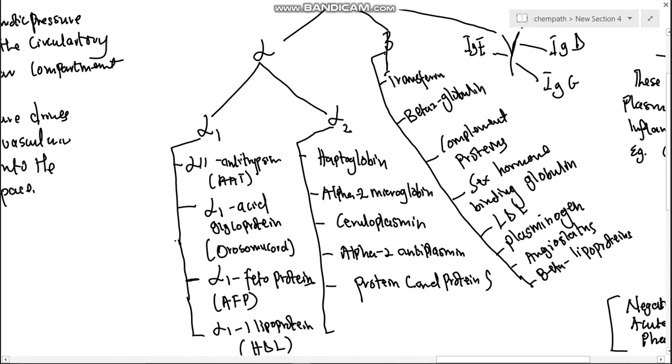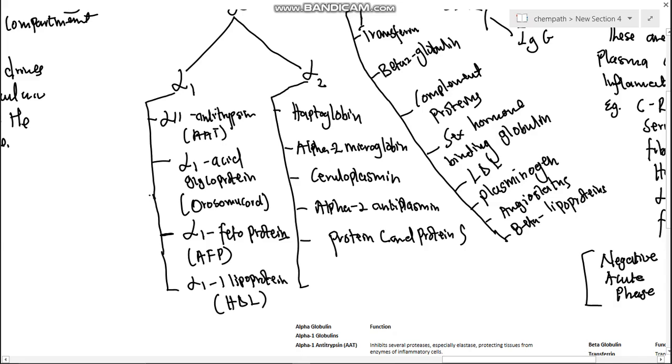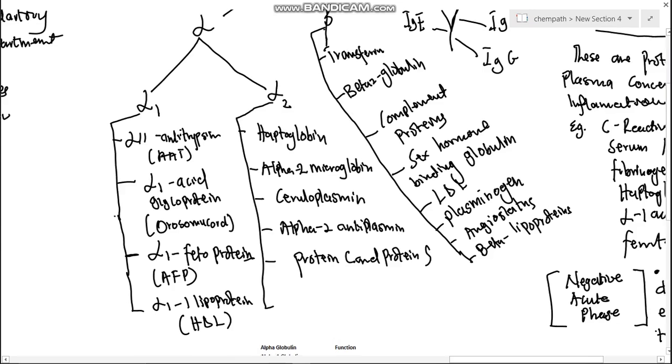For the alpha globulin, we have alpha 1 antitrypsin, alpha 1 acid glycoprotein or orosomucoid, alpha fetoprotein, and high density lipoprotein or alpha 1 lipoprotein. Then we have alpha 2.